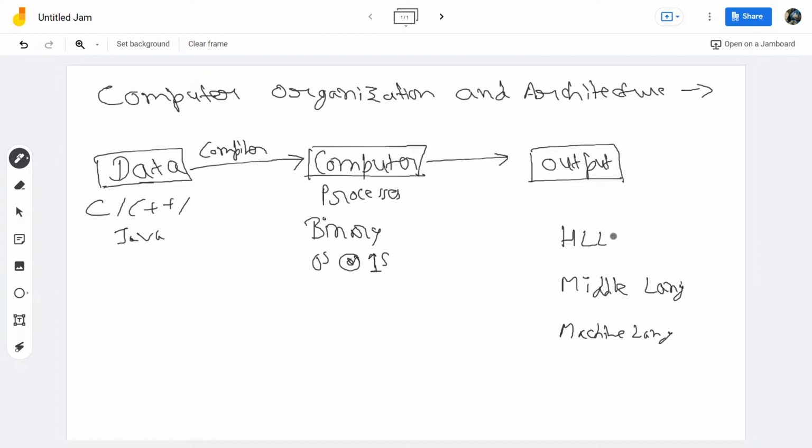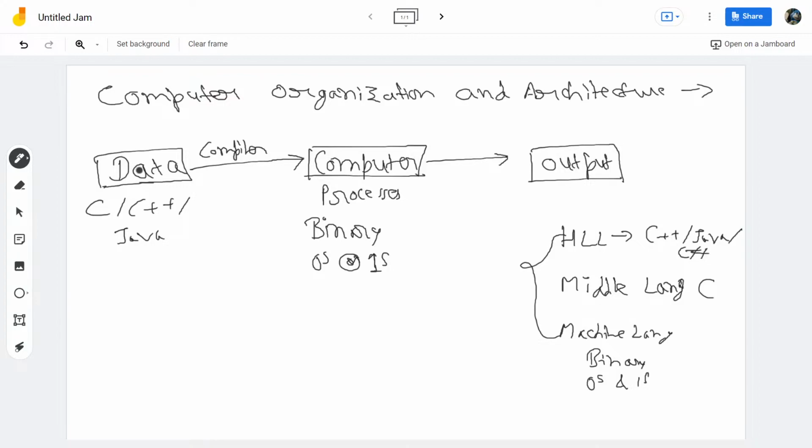Examples of high level languages are C++, Java, C sharp, and the machine language is basically the binary zeros and ones that a machine understands. An example of a middle language is C. So C is basically neither a high level language nor a machine language.